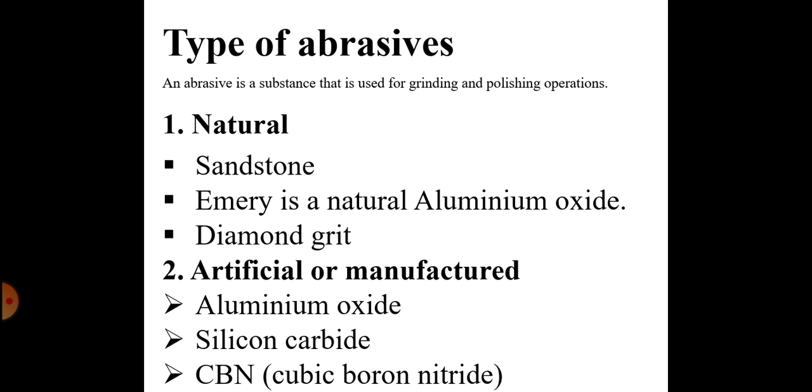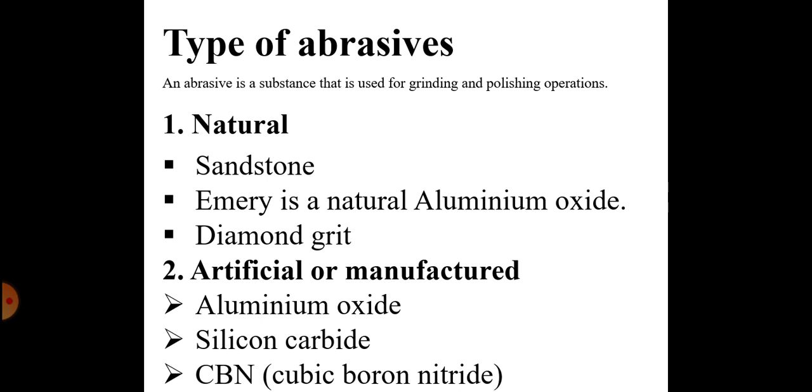The first parameter is the type of abrasive. There are two types of abrasives: first is natural and second is artificial. Natural abrasives are sandstone, emery, natural aluminum oxide, and diamond grit.